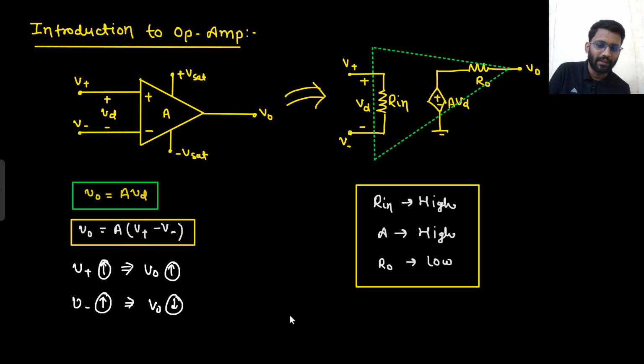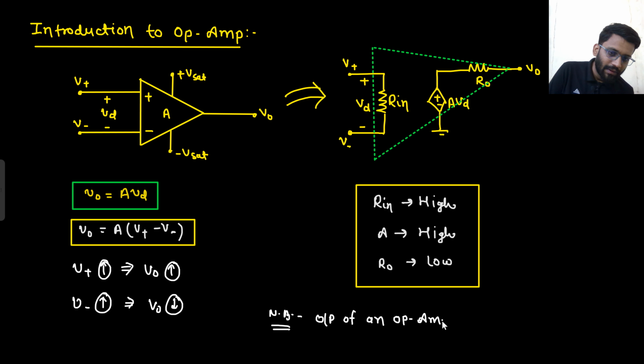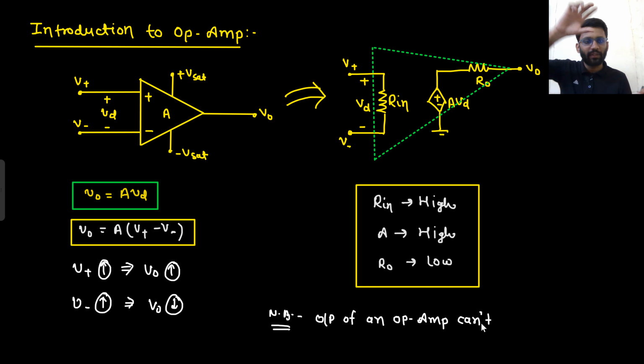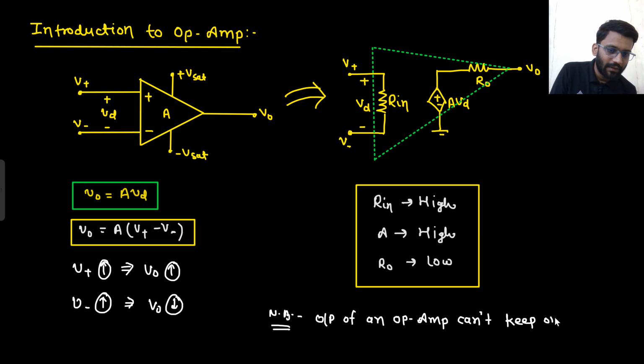One more note: the output of an OpAmp cannot keep on increasing or decreasing. It will saturate at some point. We will see an example, and it will be more clearer to you. This is a very important point. We have already seen this previously, that's why I am keeping it a bit faster.